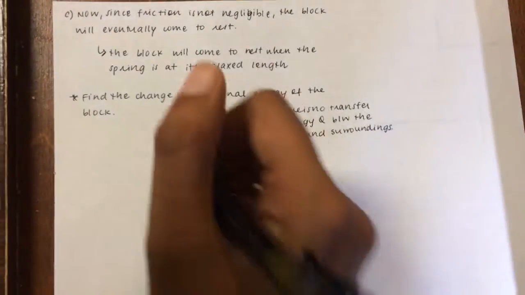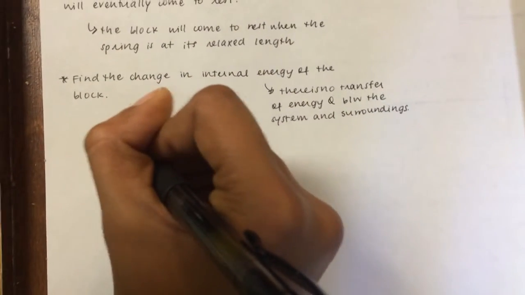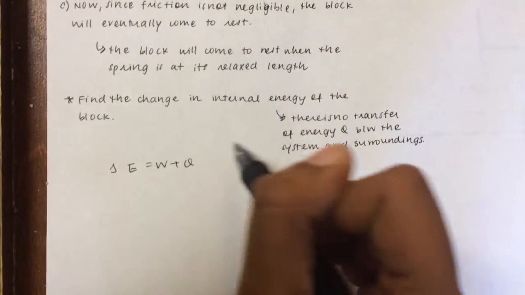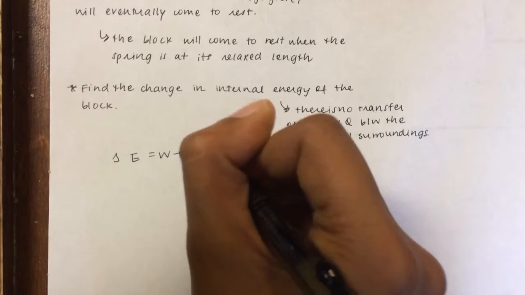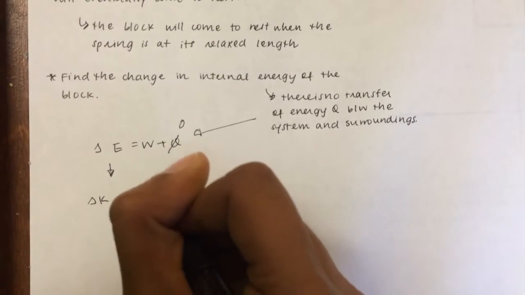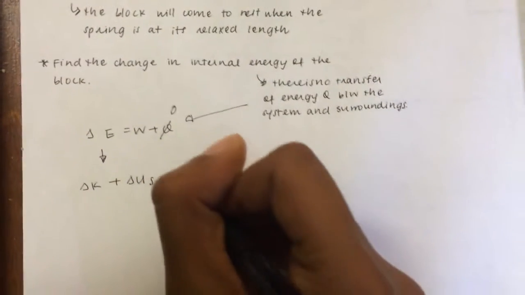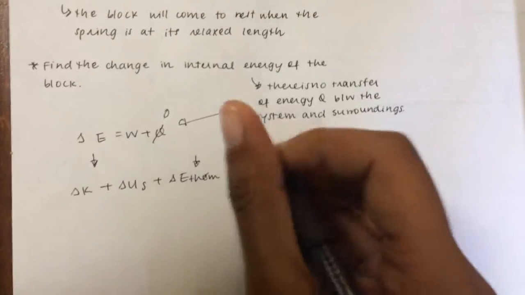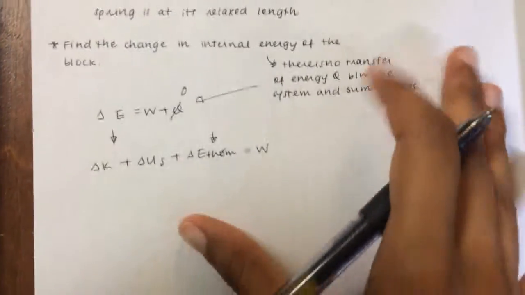So we're going to start from a fundamental principle. So we have delta E is equal to W plus Q, and as per this, Q would just be 0. Now we can break down delta E to be delta K plus delta U for the spring plus delta E thermal, which is what we're looking for, is equal to work.